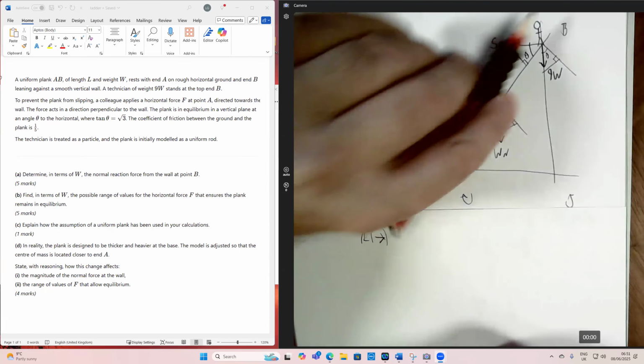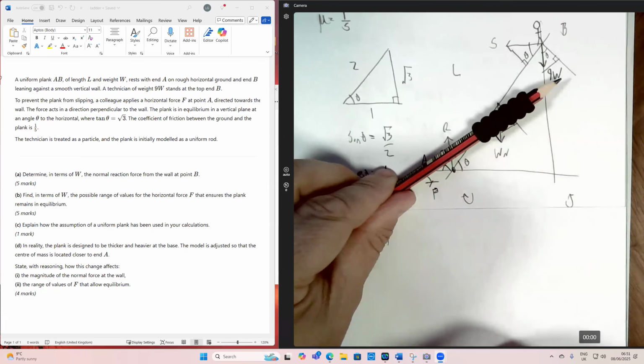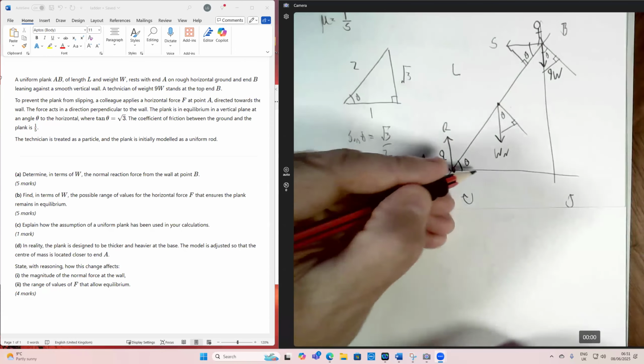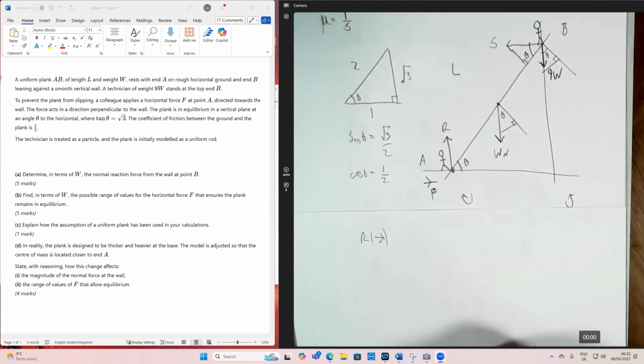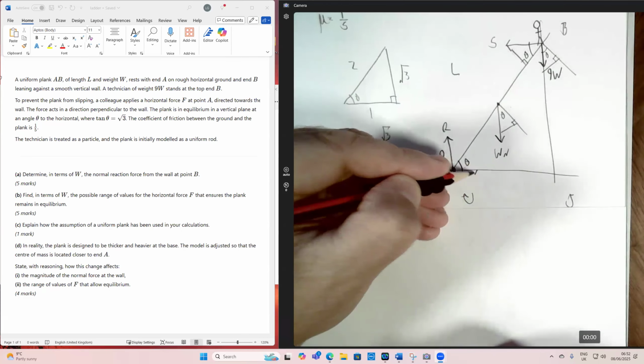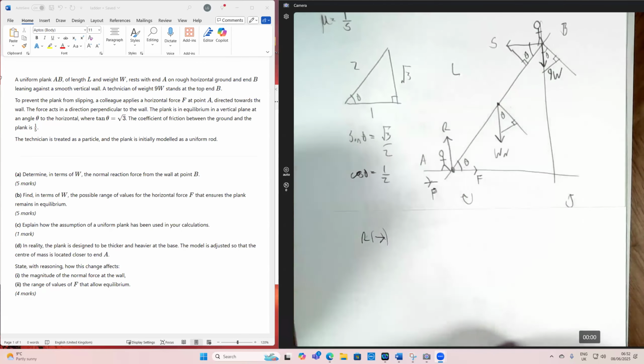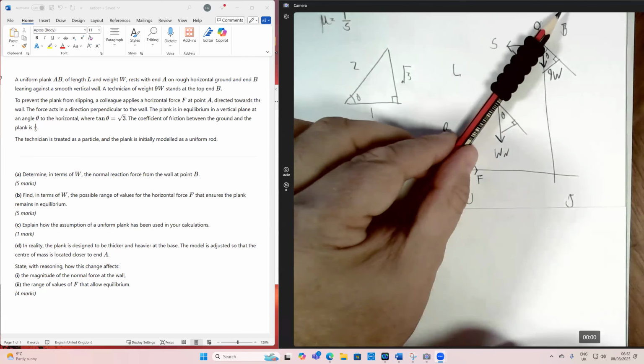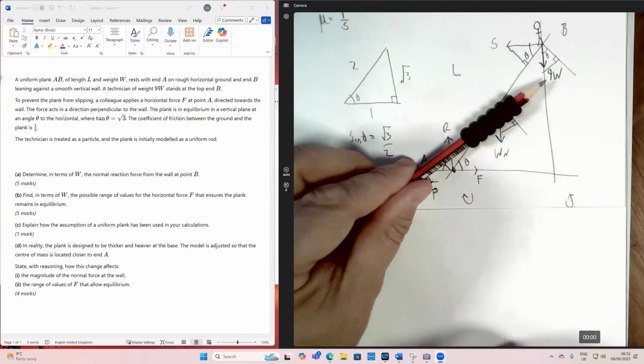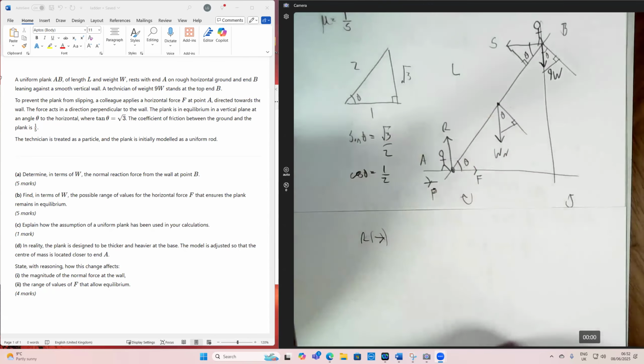So that means that the plank is on the point of going down the wall. Okay. So therefore, friction is acting in the opposite direction to which the plank is about to move. So friction is acting towards the wall, okay? Because basically, the plank's about to move down like that, so the friction is acting that way.